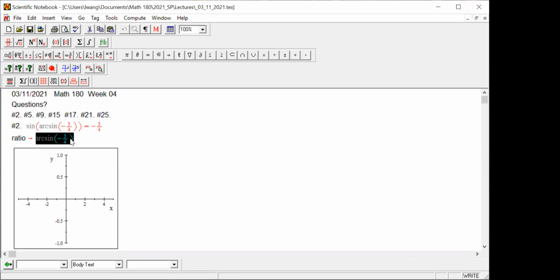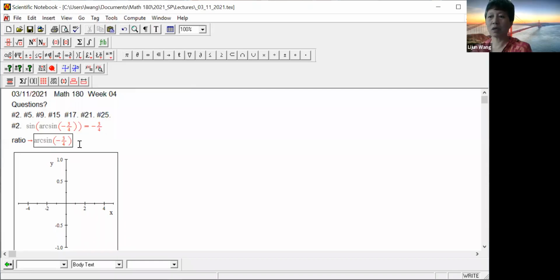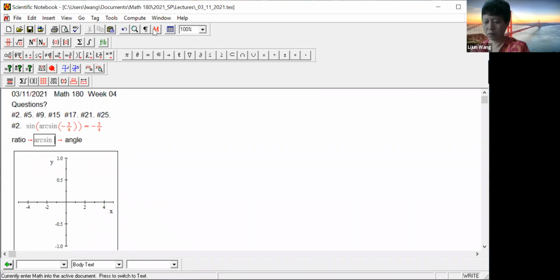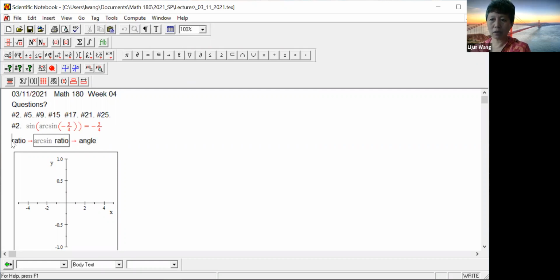At the least, you need to understand that this is a ratio, and this ratio will produce an angle. Of course, you can put a ratio here. It produces an angle. This ratio has a domain and range. The angle has a scope. But this angle is going to be arc.